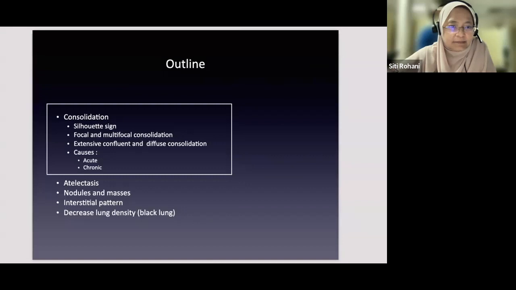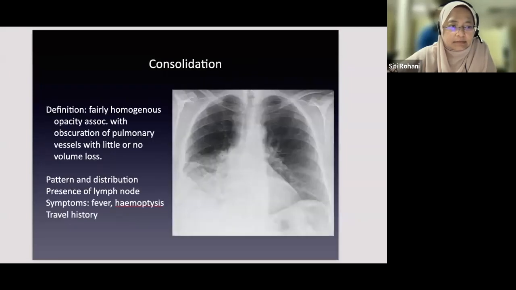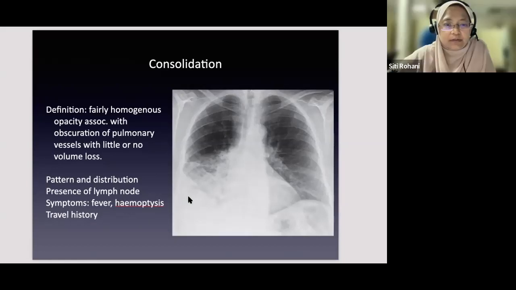Okay, so we start first with consolidation. Consolidation on chest X-ray is defined as a fairly homogeneous opacification associated with obscuration of the pulmonary vessels, with little or no volume loss.